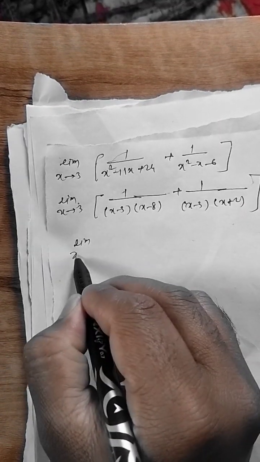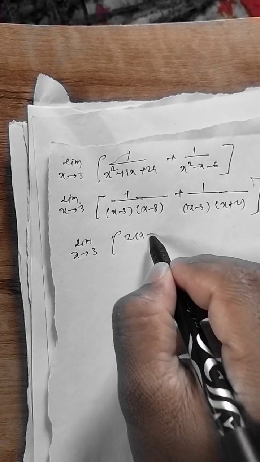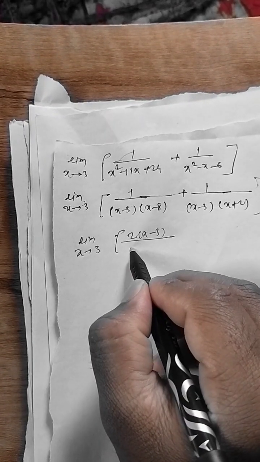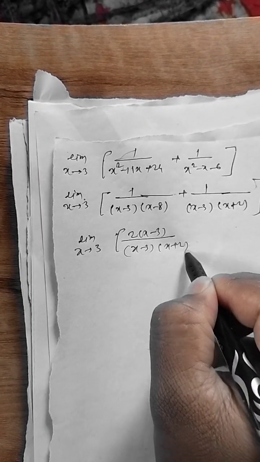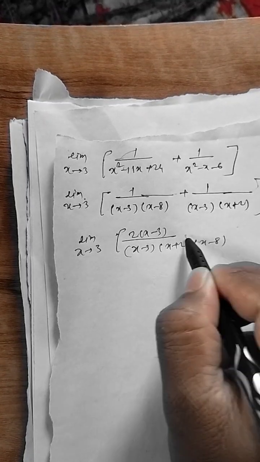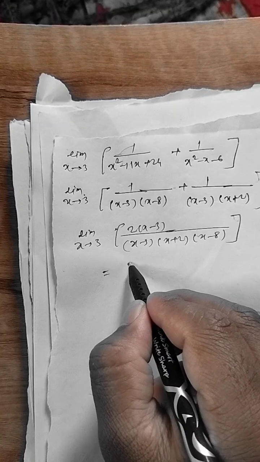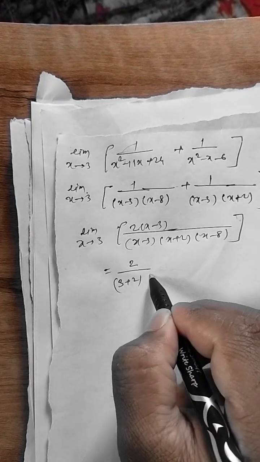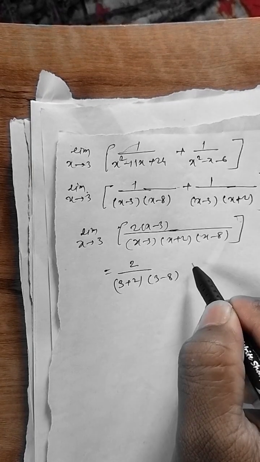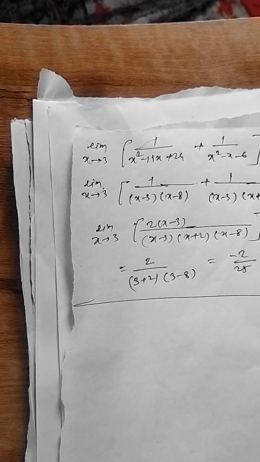So limit x tends to 3 of 2 upon (x minus 3) upon (x minus 3)(x plus 2)(x minus 8), which is equal to 2 upon (3 plus 2)(3 minus 8), minus 2 by 25. That's all.